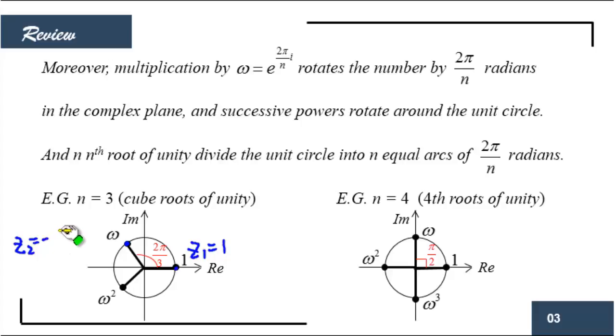That means negative 1 over 2 plus square root 3 over 2 i. And another 2 pi over 3, we get the third one, which is negative 1 over 2 minus square root 3 over 2 i.